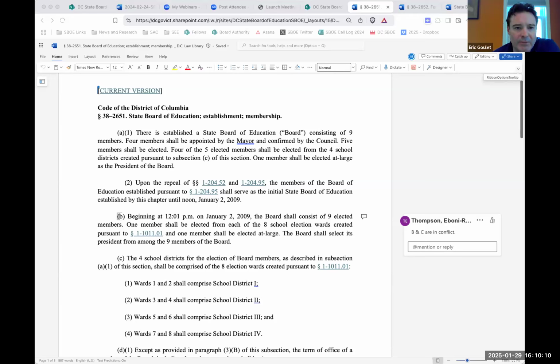One way it could be handled is you just repeal over it, every time you change a tax rate or a structure, you repeal the old one and put in a new one. But in many cases they'll put, as you see here, the dates that these structures were in effect, which was the initial phases of the state board when it transitioned over, and then eventually became one seat per ward, which is its current structure.